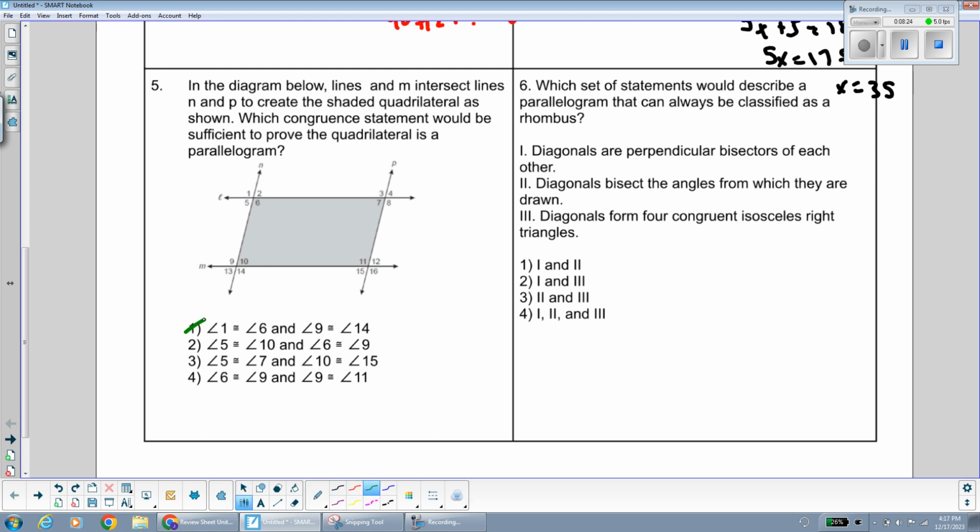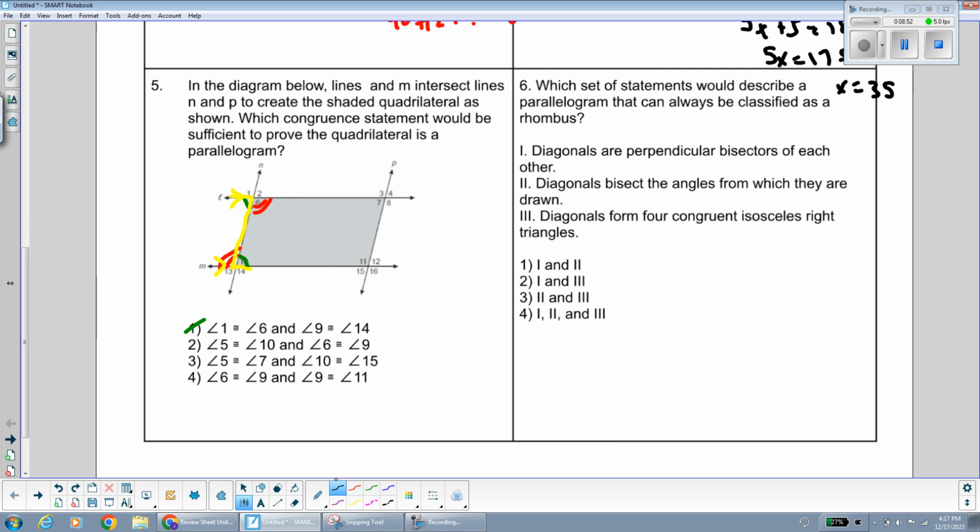Okay, number 2. Angle 5 is congruent to angle 10, and angle 6, let me use a different color for this, is congruent to angle 9. So these are alternate interior angles in the corner of the Z over here. So that proves that lines L and M are parallel.